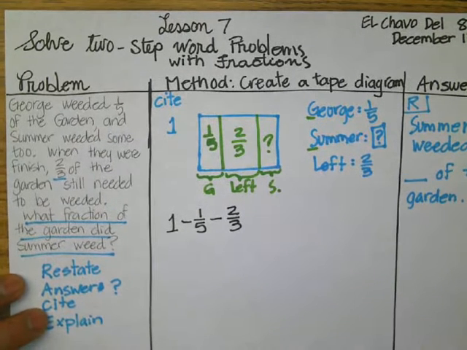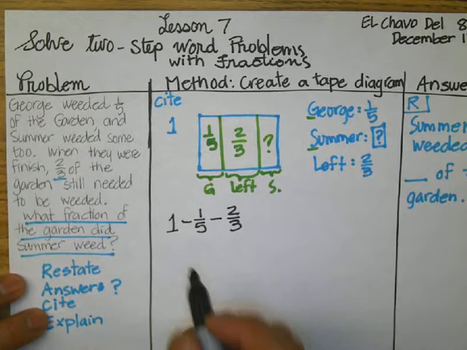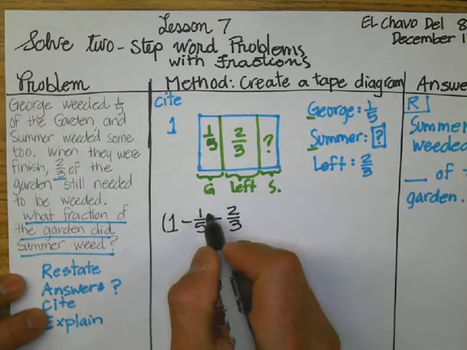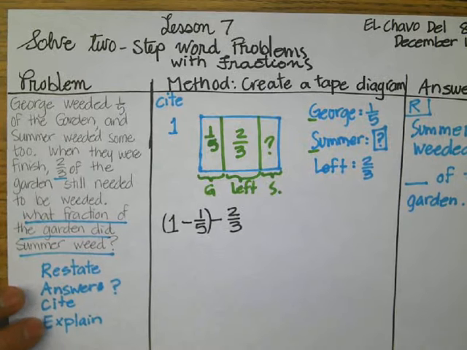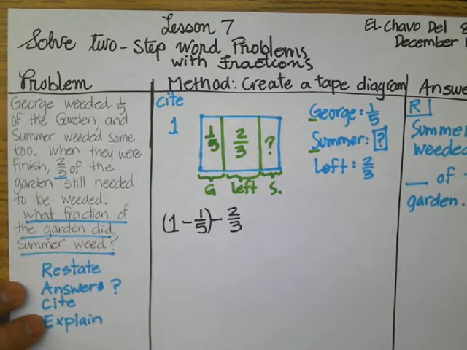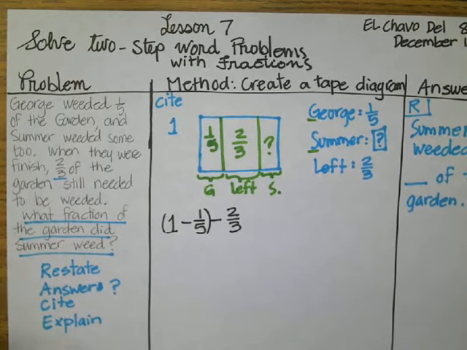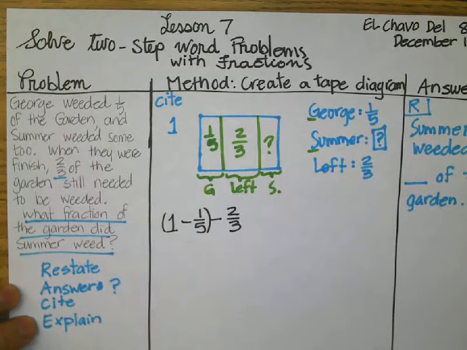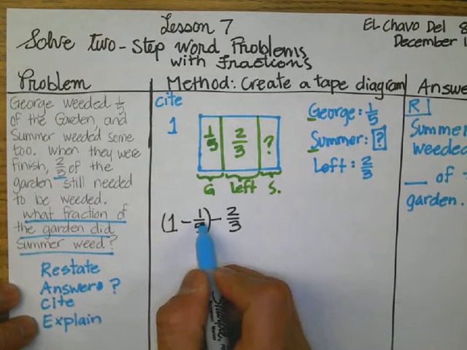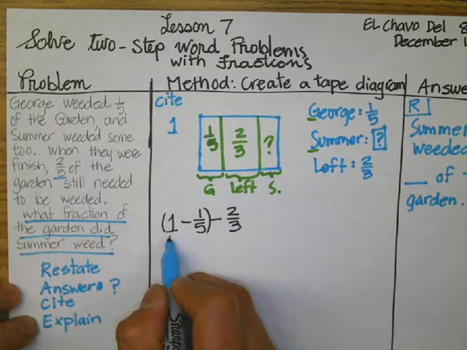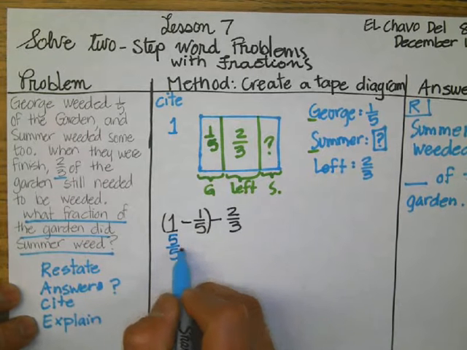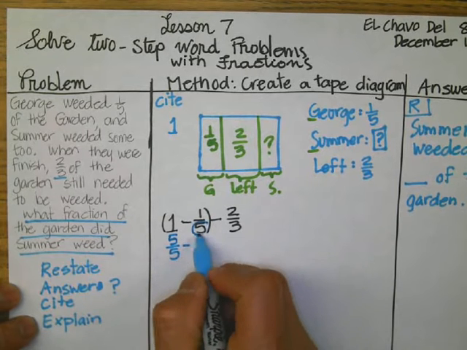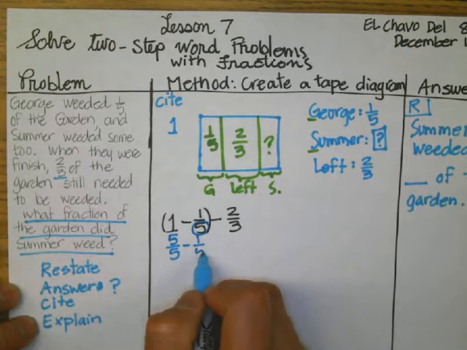So that would be my first step. And then you will say, well, Mr. Magna, but that is a number 1. How can we subtract that from 1/5? My friends, what a great question. If we're going to subtract 1/5, then this becomes 5/5. Why? Because the denominator tells us to break the whole into that many parts.